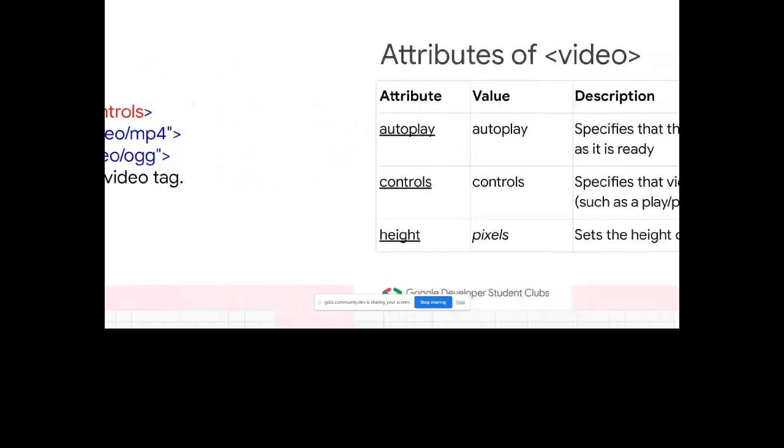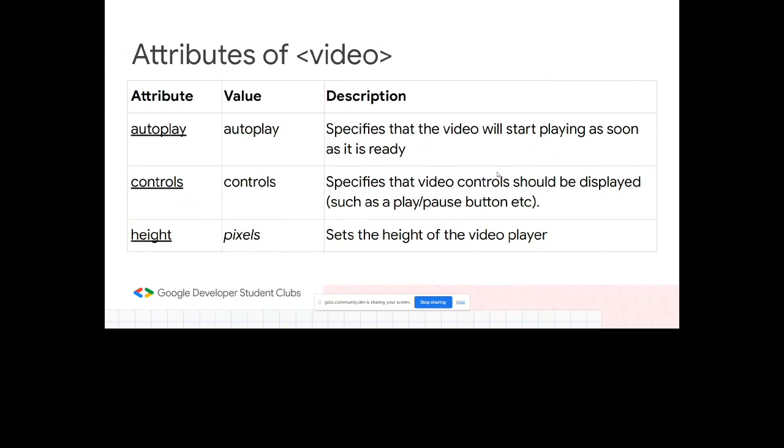And these are the few attributes of the video tag. You can mention these attributes inside the opening tag of the video, like autoplay, controls, and pixels. Autoplay is if you'd like to play your video as soon as it is downloaded, you can use autoplay inside the opening tag of video. And controls, as I said earlier, are used to play and pause the videos. And pixels, this is the height attribute.